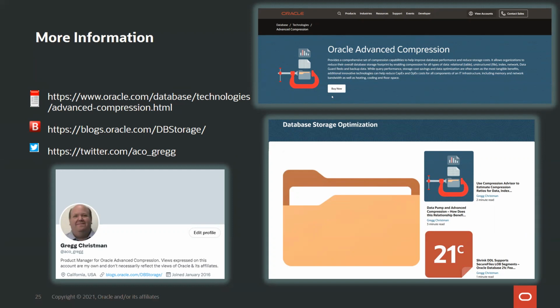If you look for white papers on implementing information lifecycle management, those papers will talk about ADO on the Oracle Advanced Compression webpage. There are white papers there that talk about all the features of Advanced Compression, about Hybrid Columnar Compression, about performing POCs and using Compression Advisor, and there are customer testimonials about their usage of Advanced Compression. So I highly recommend taking a look at that page.